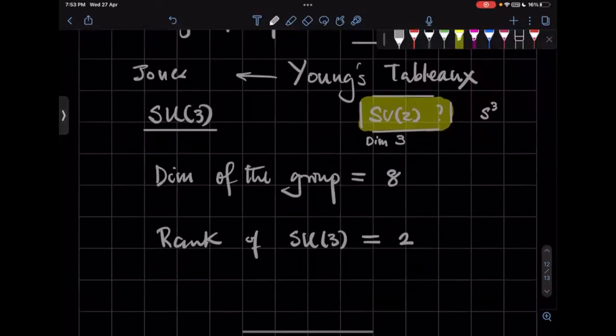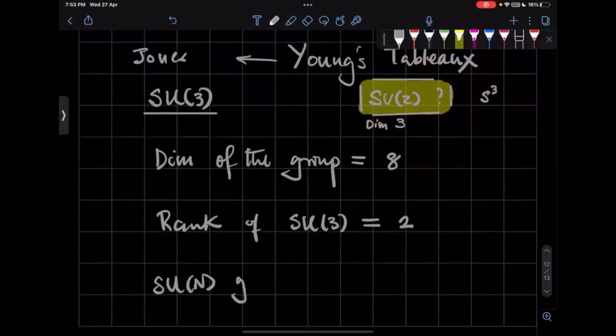So for the SU(N) group, the rank is always N minus 1. The way to think about this is that all these groups' generators are Hermitian and traceless. If I ask you to construct N by N matrices which are Hermitian and traceless, then the easiest example would be diagonal matrices which are traceless.